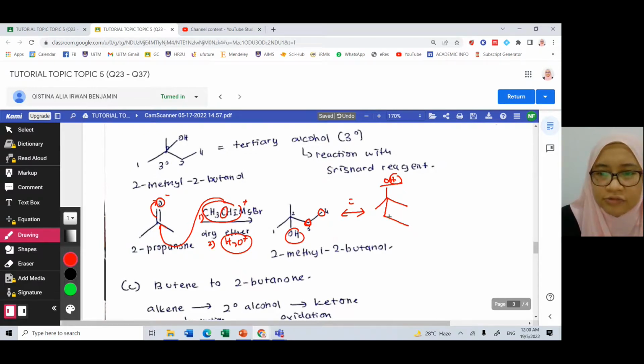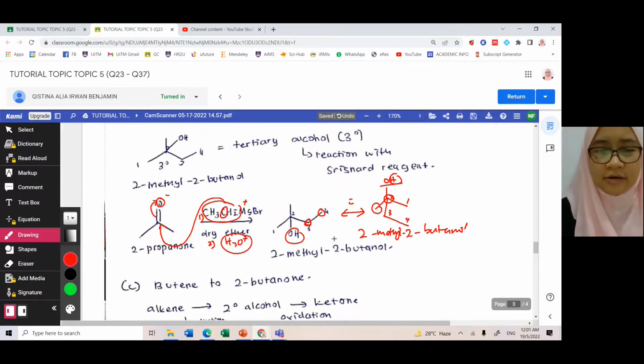So this is 1, 2, 3, and then 1, 2, 3, 4. So it is butanol. Carbon number 2, we have OH, right? So 2-butanol, and then we also have a methyl group. So it is 2-methyl-2-butanol.